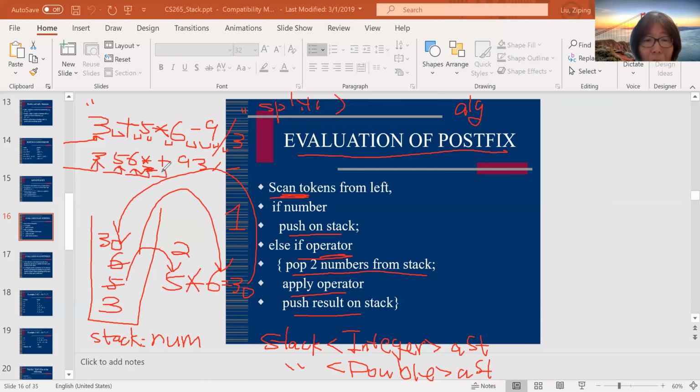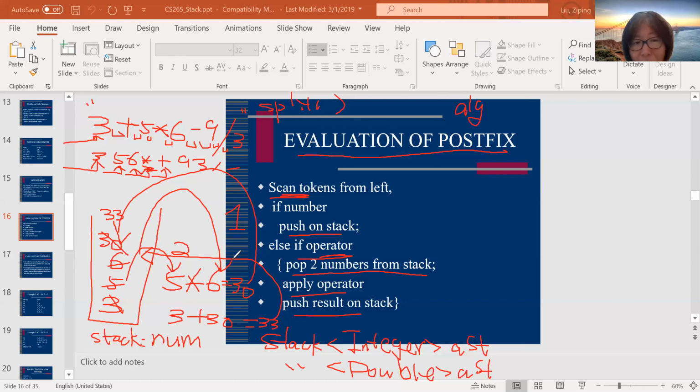So you push the result back, and then we continue our scan. The next token is an operator, is it? If it's an operator, I need to pop two numbers out of the stack. So I pop 30 out, and I pop 3 out. Then you apply the operator, you do the calculation, you have 33, is it? And then you push 33 back.